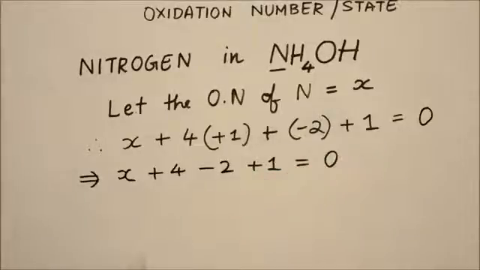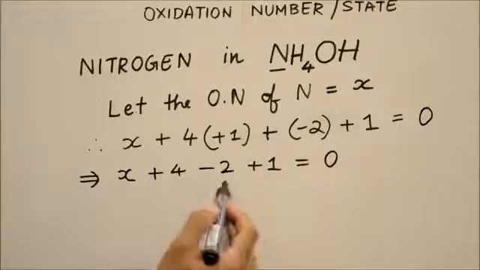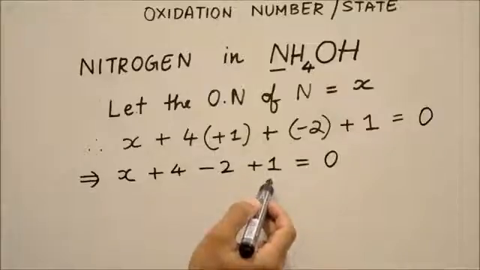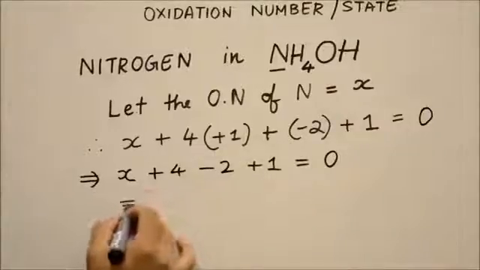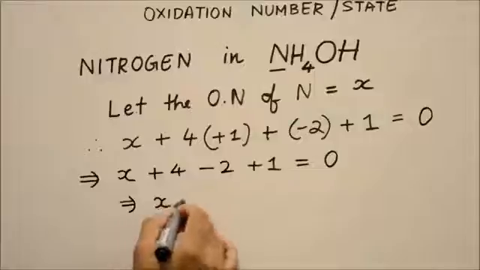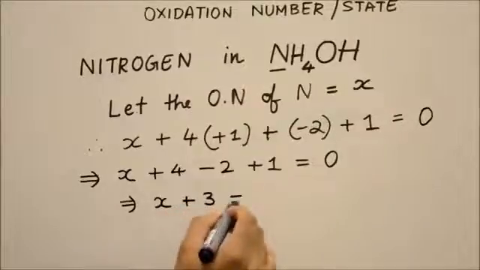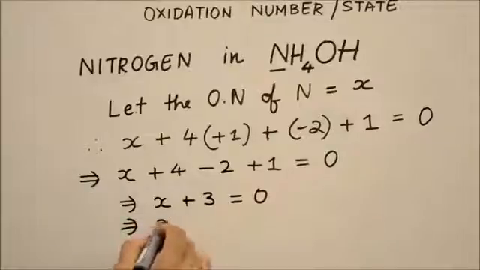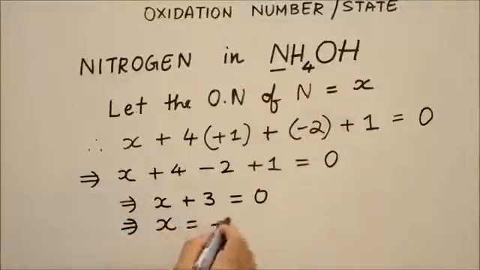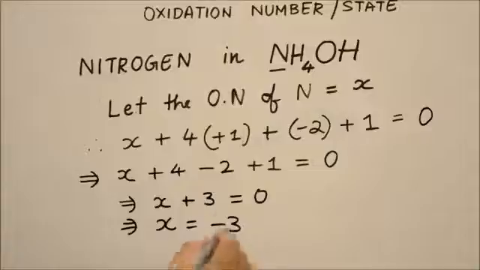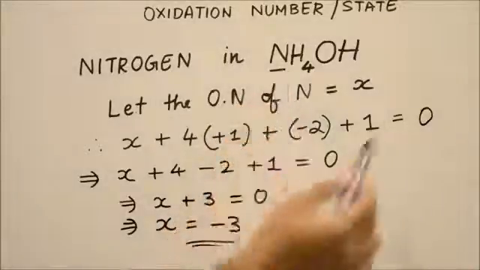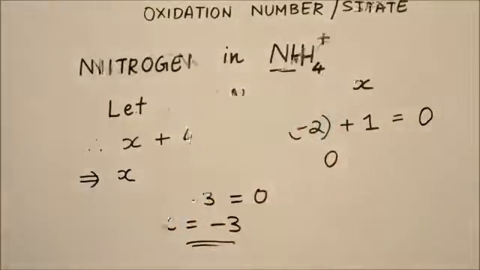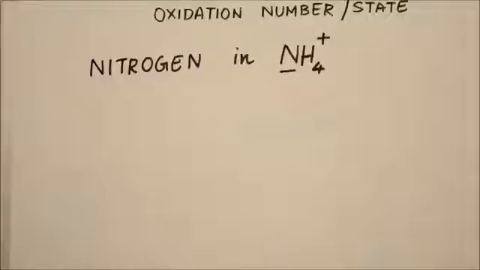So if you further simplify it, we have everything given out here. So X should be equal to minus 3. It is a simple calculation, so you should be easily able to solve this. So nitrogen is minus 3 in ammonium hydroxide.